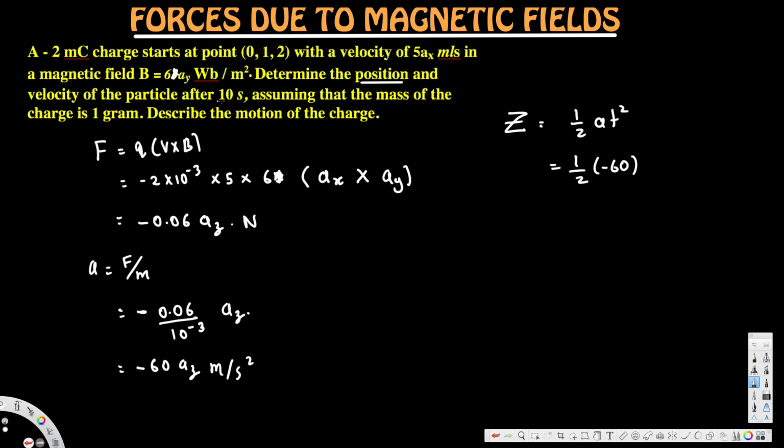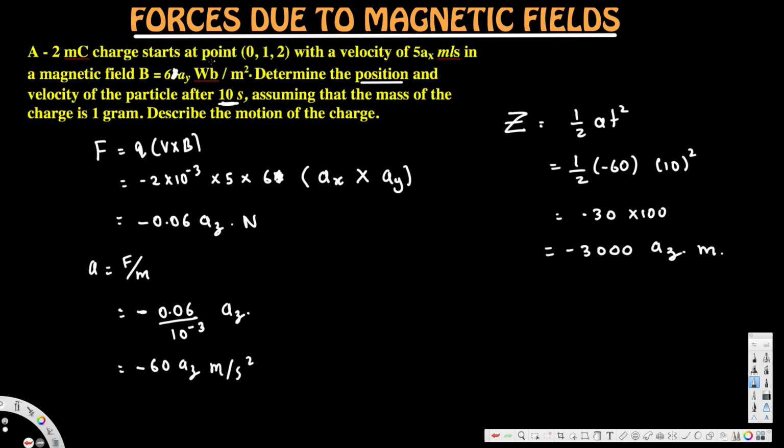We are looking at the position after 10 seconds, so 10 squared is 100. So negative 30 times 100 gives us negative 3000. The direction is z, and this is in meters.